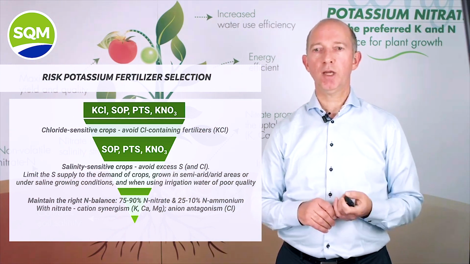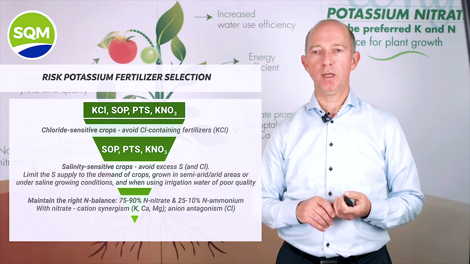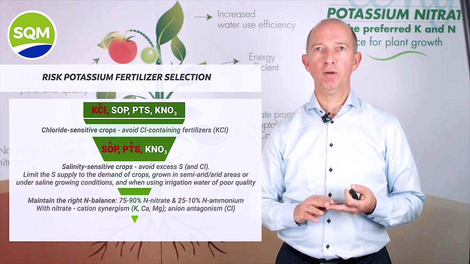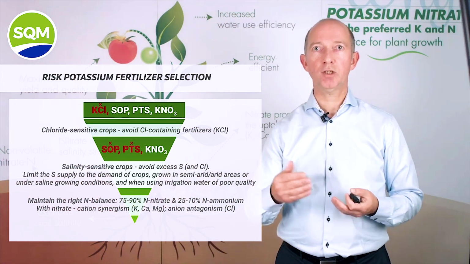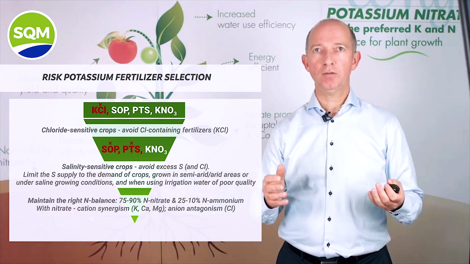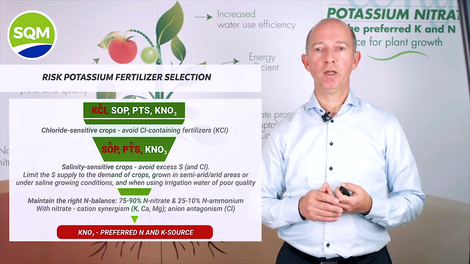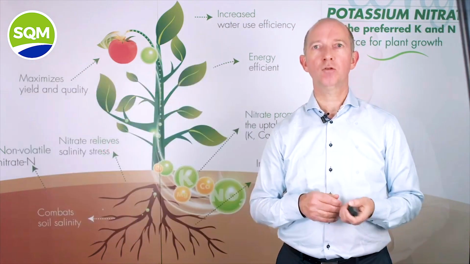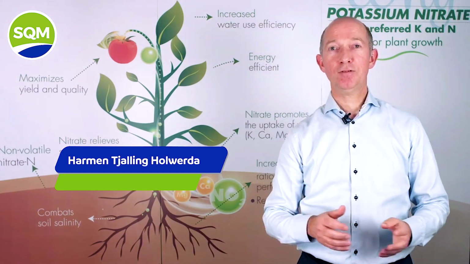So with all this information, we can now clearly state that chloride is not desirable, sulfate and thiosulfate are not desirable under the conditions presented here, and that leaves us with potassium nitrate as the preferred N and K source in plant nutrition.